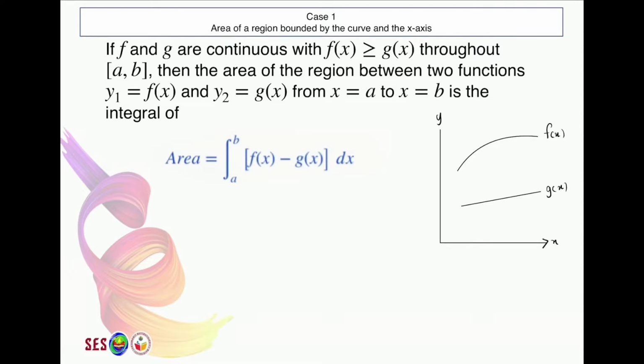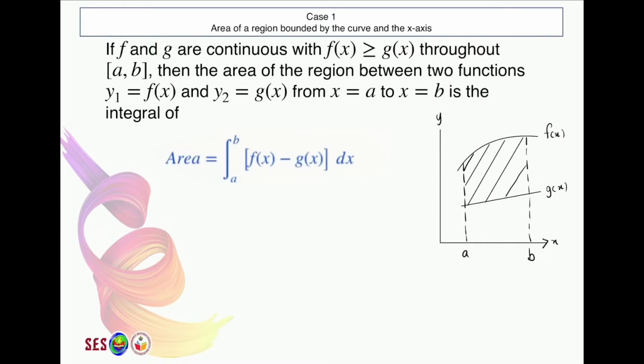Let's say x = a is somewhere over here, and x = b is somewhere right here. The area that we want to find is actually the area in between them. So this area that I've shaded right here is the desired area which we want to find.